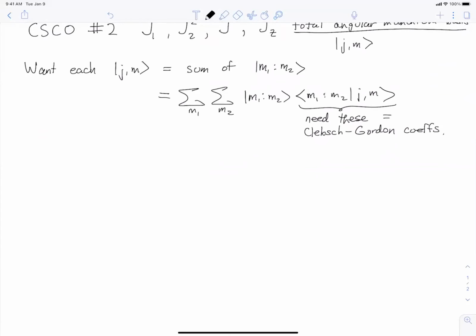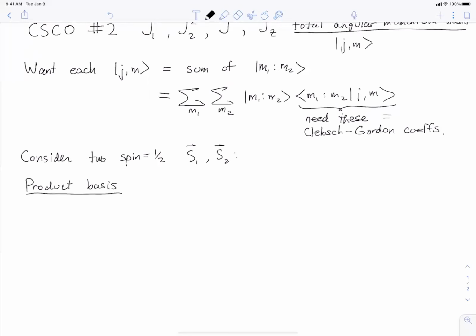And so we're going to start with the example of two spin 1/2 states, or two spin 1/2 operators. So we'll call them S1 and S2. And so the first thing we want to do is write down the product basis. The states in the product basis, there are four of them, and they're going to be the following.